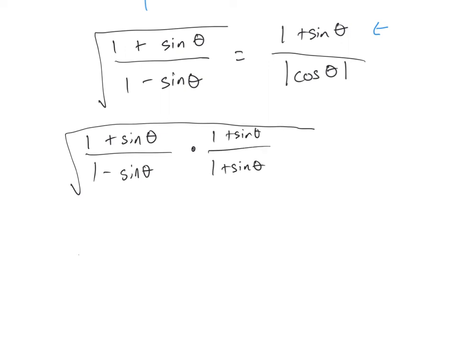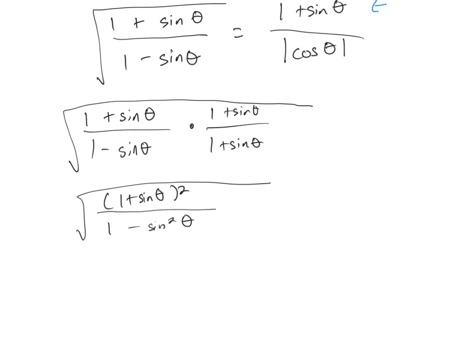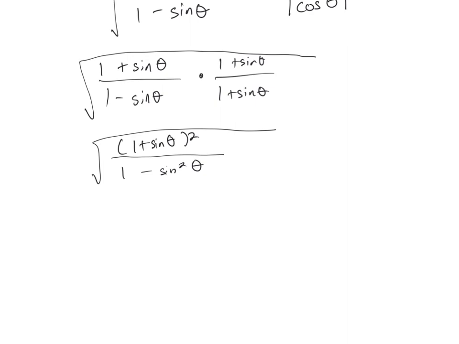This gives me 1 plus sine of theta squared in the numerator, and in the bottom it gives me the difference of perfect squares. So this becomes 1 minus sine squared of theta.